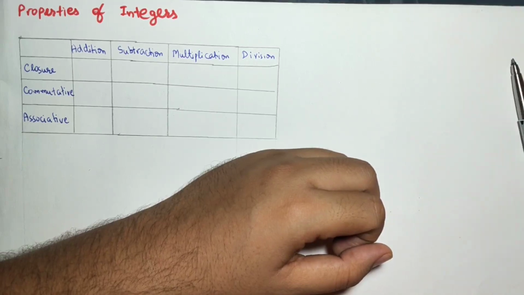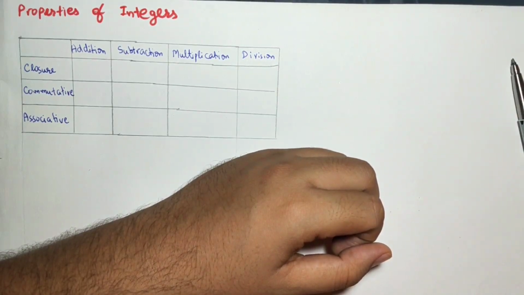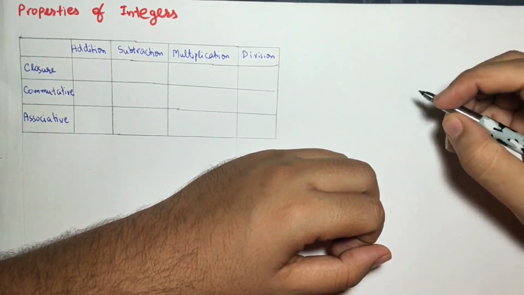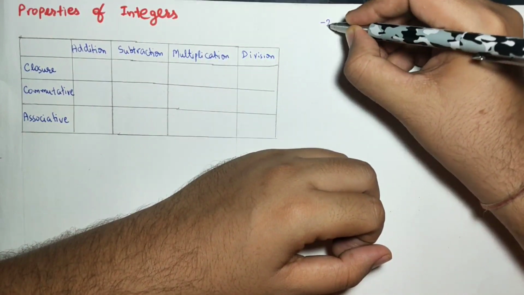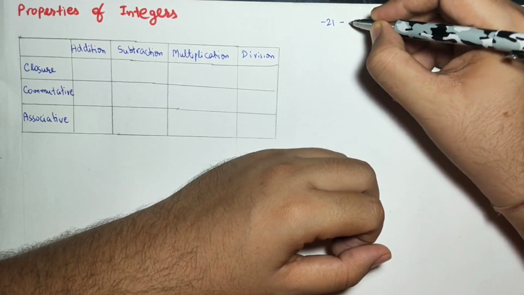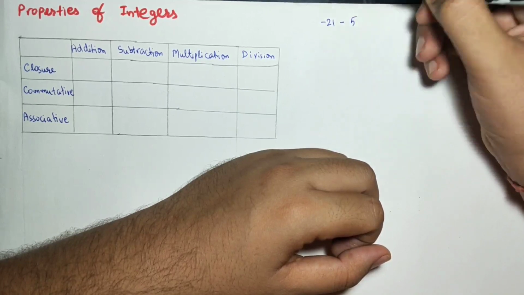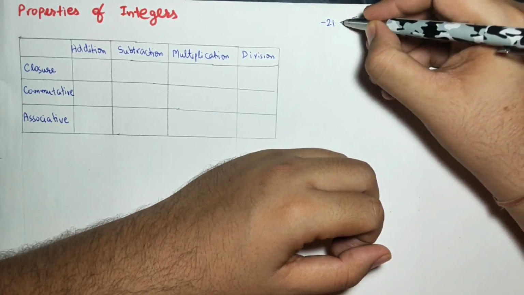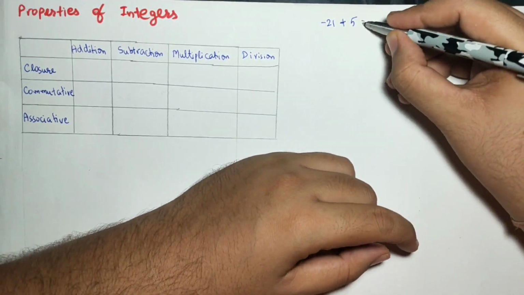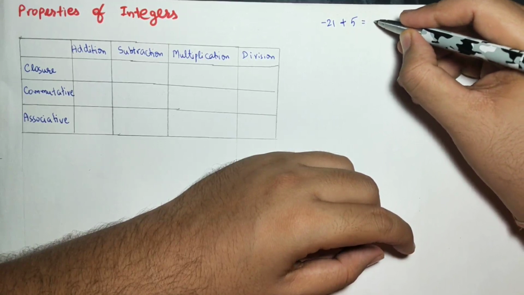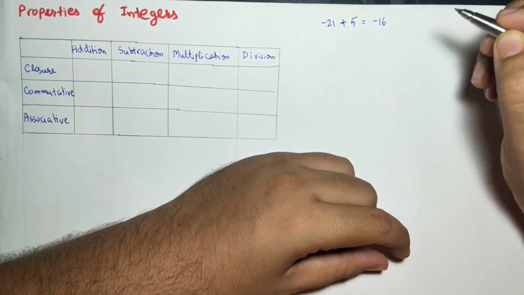If we add two integers, let us play a game. Think of any two integers. In my mind, the two integers coming are minus 21 and 5. If I add these two integers, the answer would be minus 16.